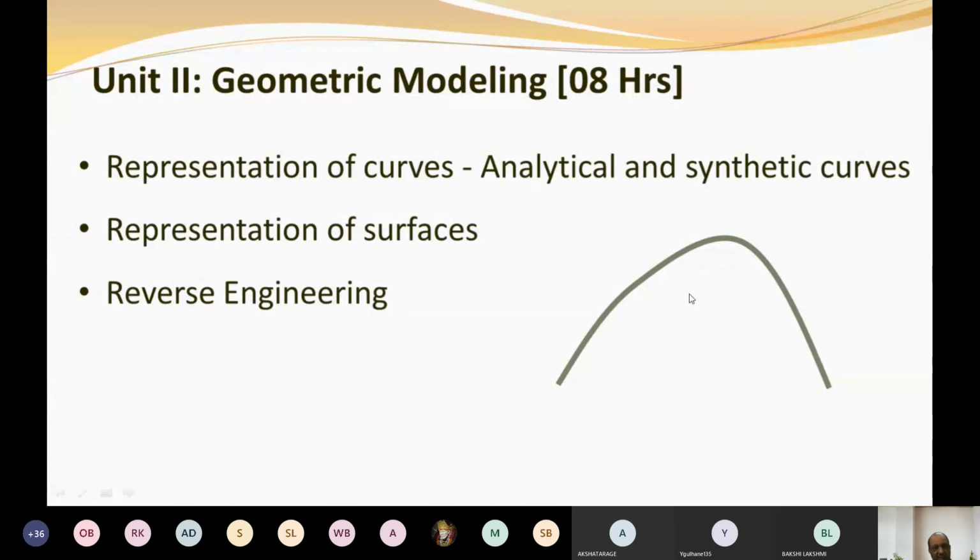Now similarly we will see the representation of surfaces, and reverse engineering. We know that in reverse engineering, a product is available in the market, we can copy that product, make a modification, and then have the reverse engineering. But here we first have the product and then go for the modeling of that product.